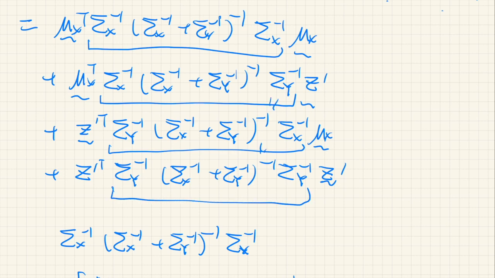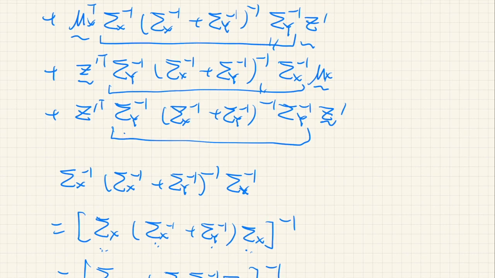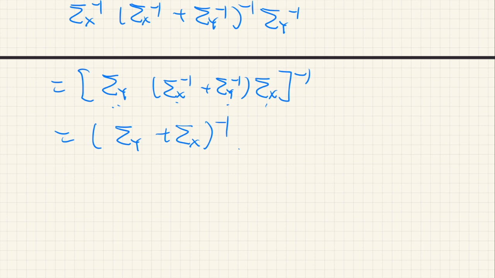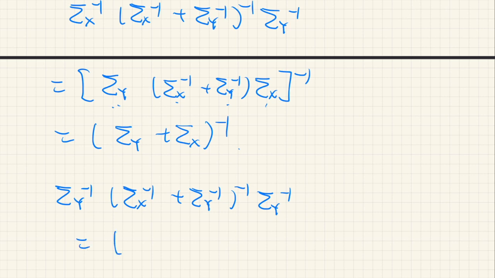Now consider this part. So Σy⁻¹ here. Okay. So by symmetry, (Σy⁻¹ Σx⁻¹ + Σy⁻¹ Σy⁻¹) is equal to, that should be (Σy + Σy Σx⁻¹ Σy), everything inverse.